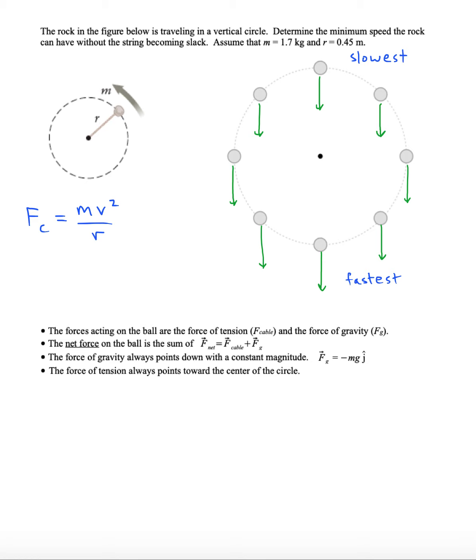Now what makes this problem especially difficult is there's going to be a trade-off between the force of tension and the weight of the object. See, the weight is a force like any other force. It can contribute to the centripetal force in some circumstances. So where does it contribute? Well, I'll tell you where it doesn't contribute. It doesn't contribute at these positions here.